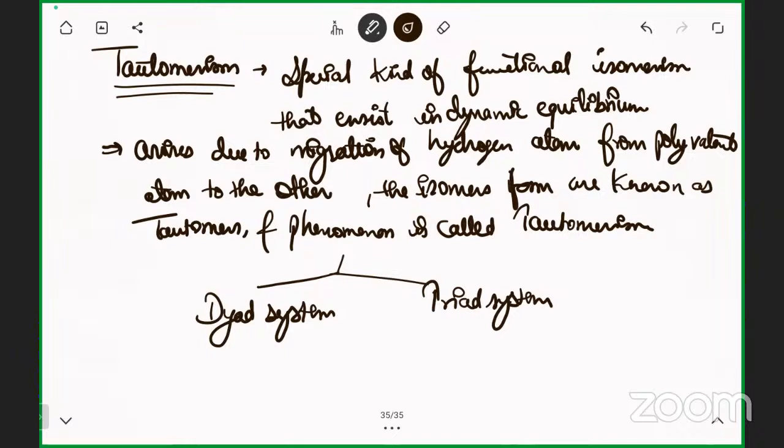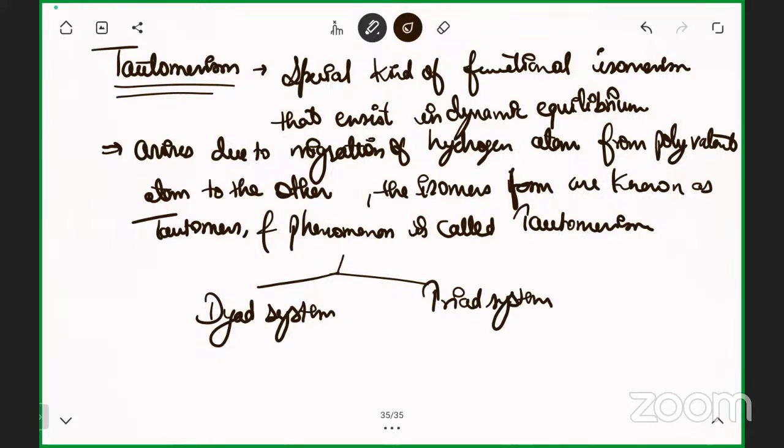It is a sort of functional group isomerism that exists in dynamic equilibrium. The states we get are in a randomly changeable state. Why does tautomerism occur? Because of migration of a hydrogen atom from one polyvalent atom to another. Such isomers are known as tautomers, and the phenomenon is known as tautomerism.